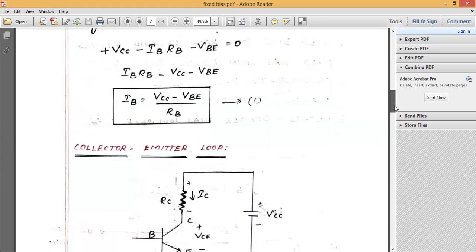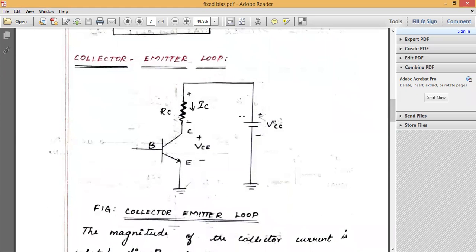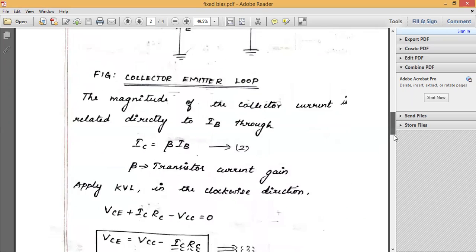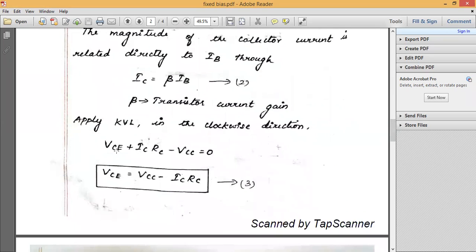Similarly, we have to consider the collector emitter loop. This is the collector emitter loop. If we apply KVL in the clockwise direction to the collector emitter loop, we will get VCE plus IC into RC minus VCC is equal to 0.